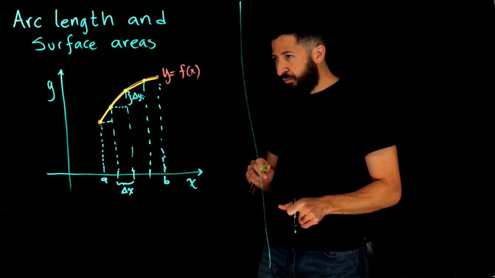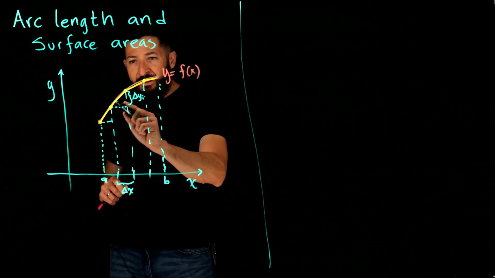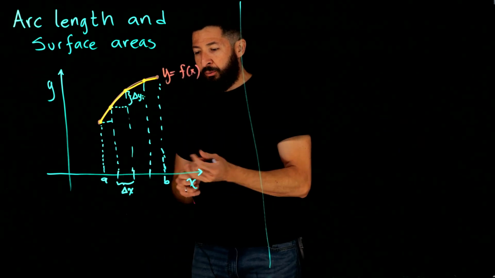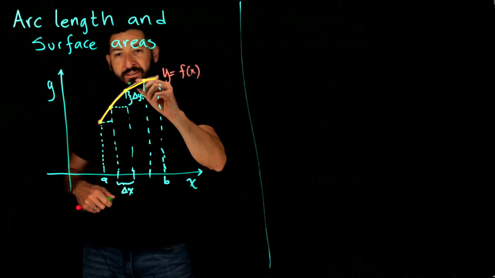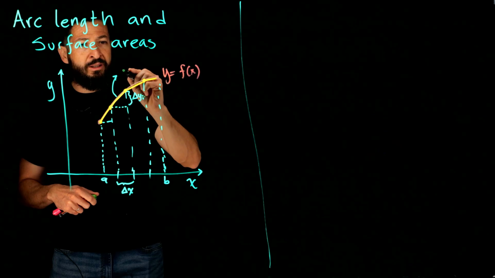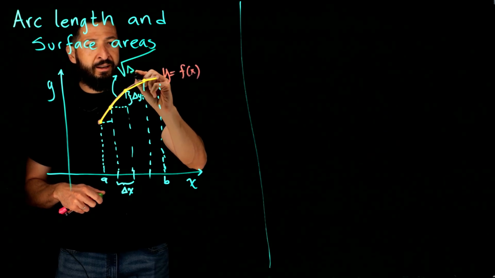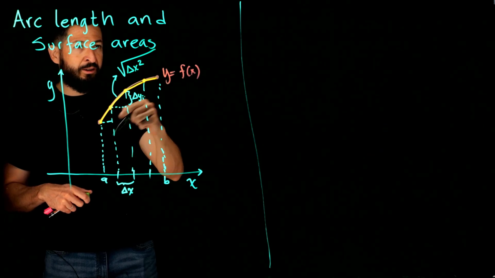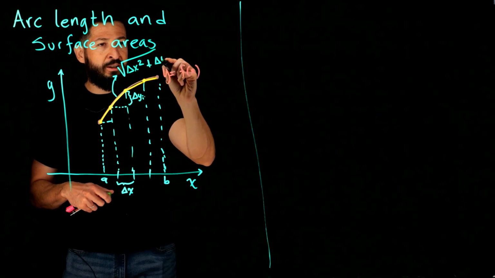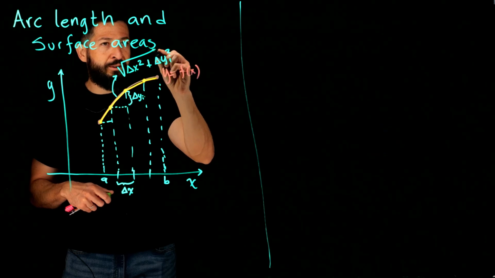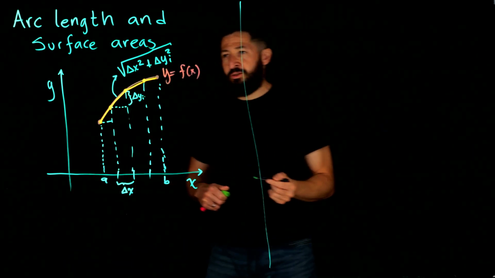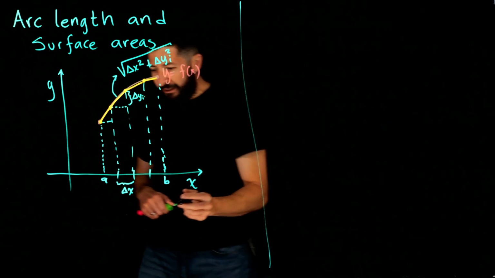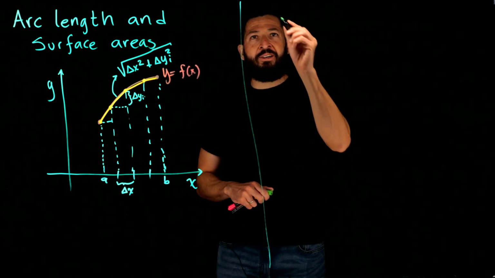All right, so what would be the length of this little line? Well, you have a right triangle right there. So this length is going to be just the square root of delta x squared, which is the base, or one of the sides of the right triangle, plus delta yi squared. That's just your Pythagorean theorem. So if you wanted to approximate the length, I'm going to write it here.